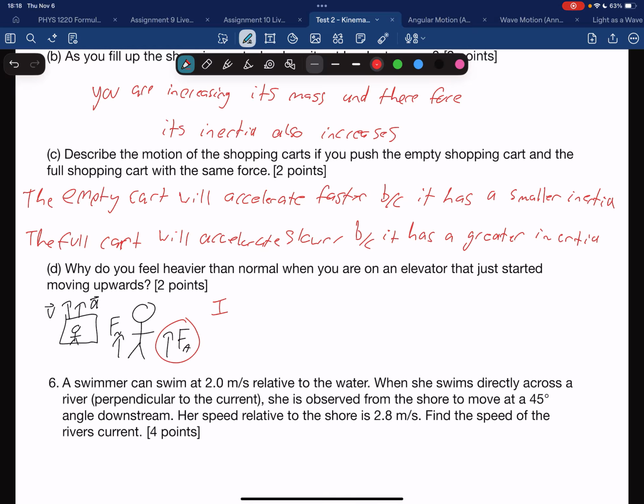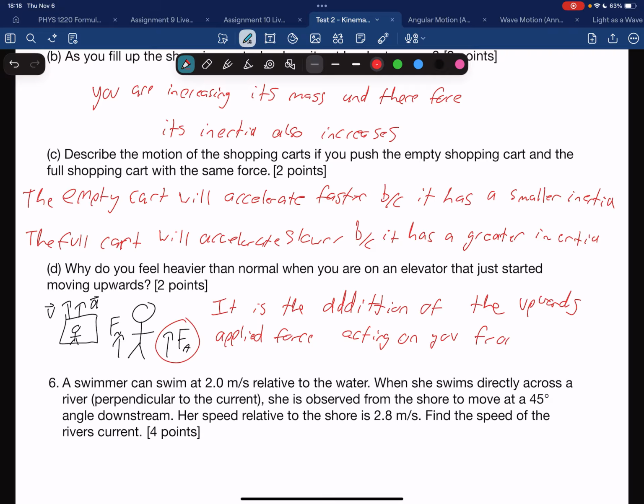So it is the addition of the upwards applied force acting on you from the elevator that makes you feel heavier.